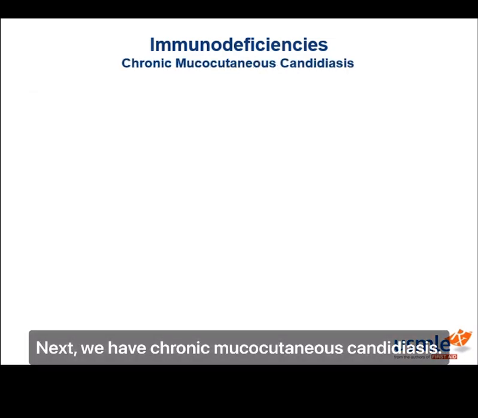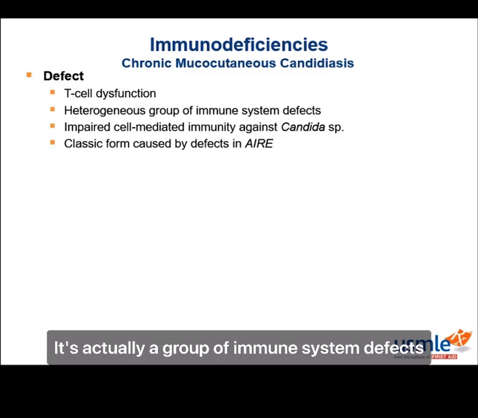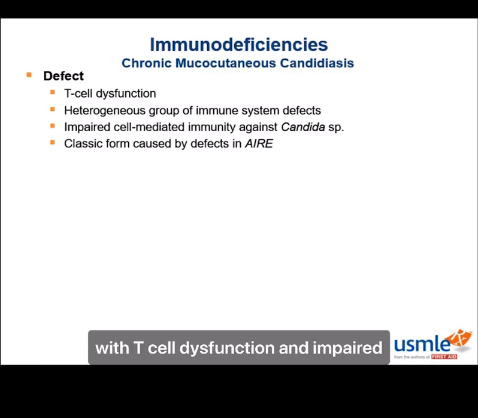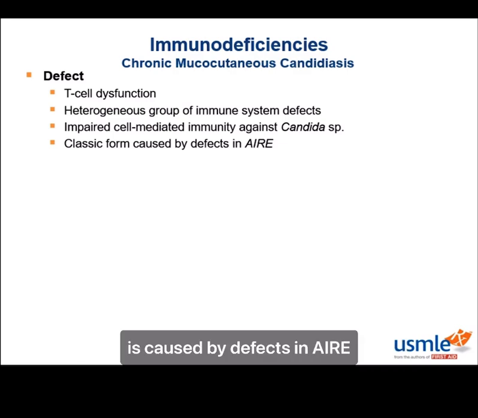Next, we have chronic mucocutaneous candidiasis. It's actually a group of immune system defects with T-cell dysfunction and impaired cell-mediated immunity against Candida. Now, the classic form of this disease is caused by defects in AIRE, or the autoimmune regulatory gene.